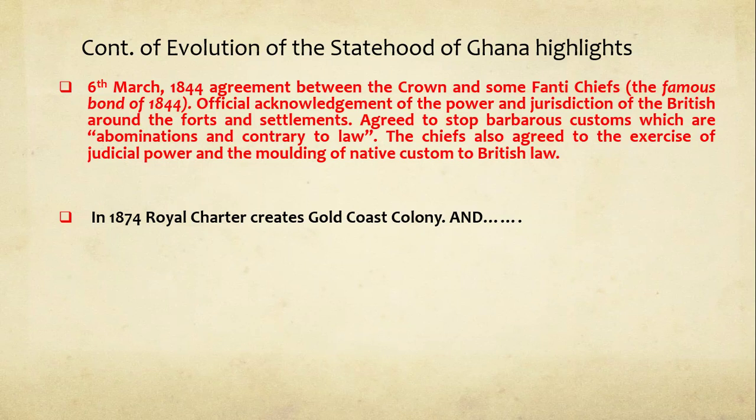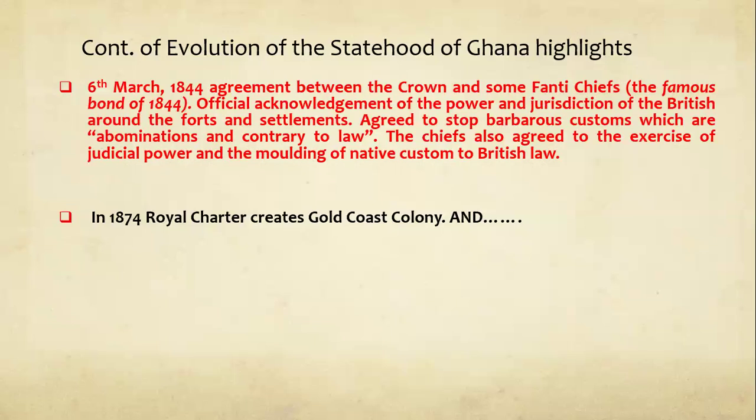Now, in order to ensure simplicity and coherence, the 11 friendship treaties were brought together in a composite document known as the Bond of 1844. The Bond of 1844 was executed on 6 March.